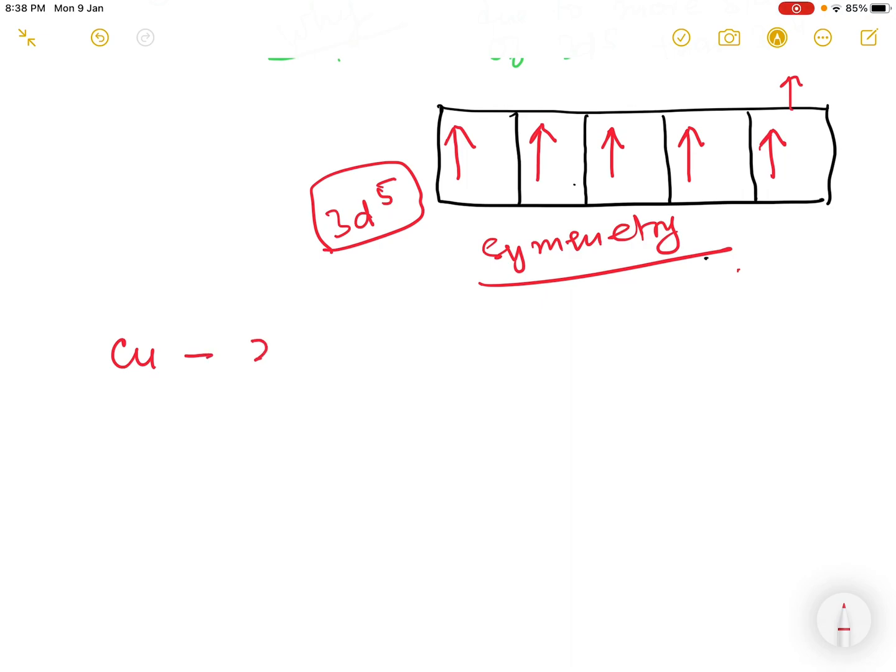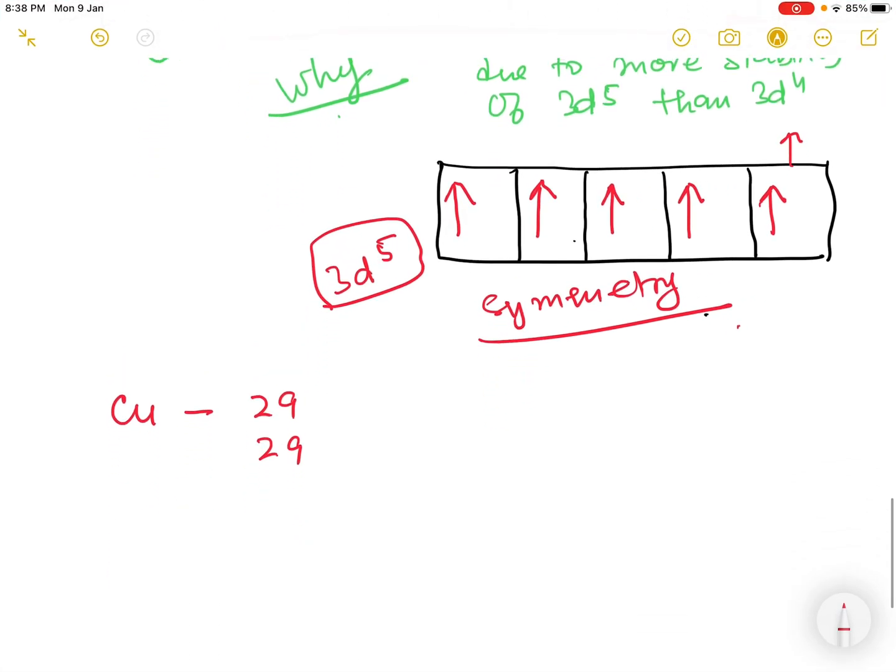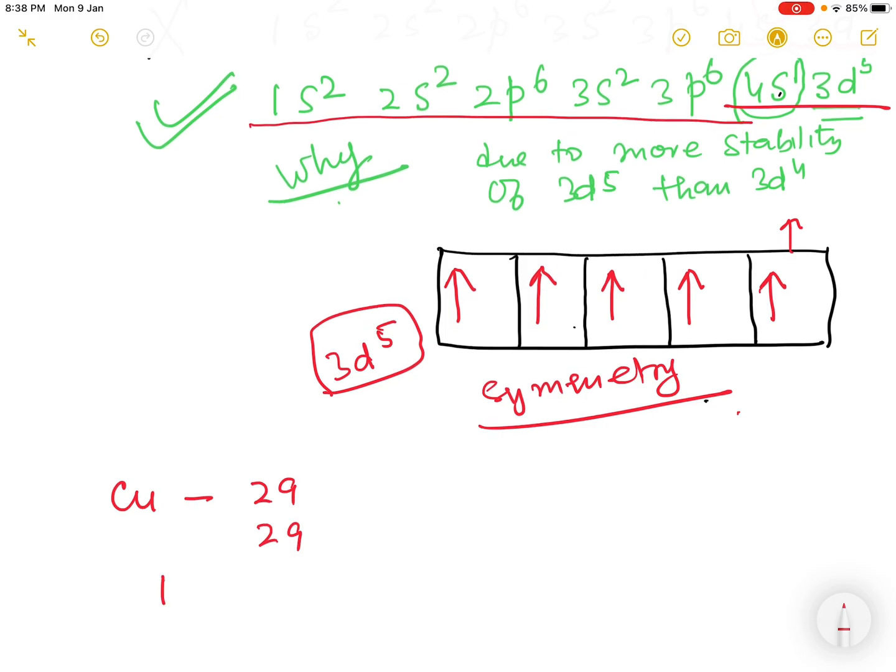And one more exception is copper. Its atomic number is 29, and hence the number of electrons is 29. If we arrange them in the order 1s, 2s, 2p, 3s, 3p, 4s, 3d, then it should be 1s2, 2s2, 2p6, 3s2, 3p6, 4s2, and then 9 in 3d.